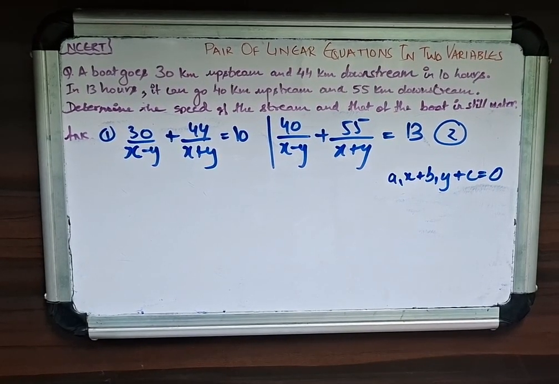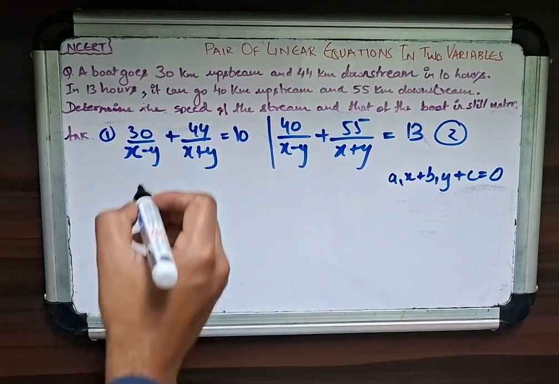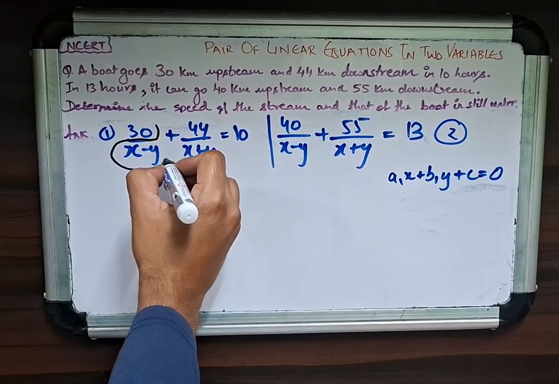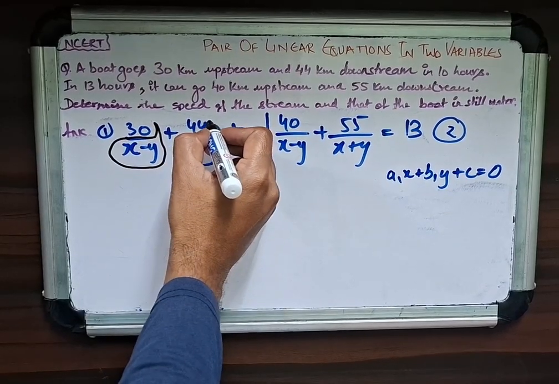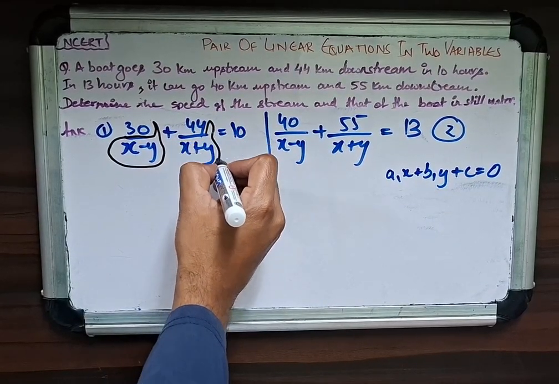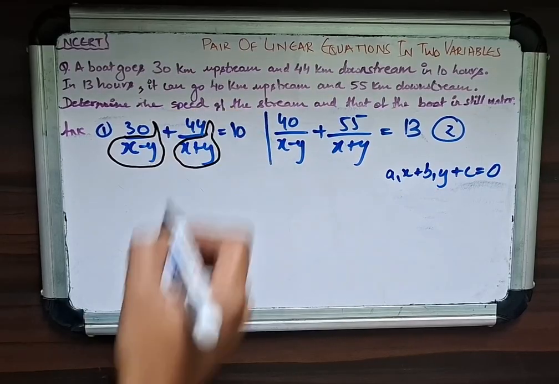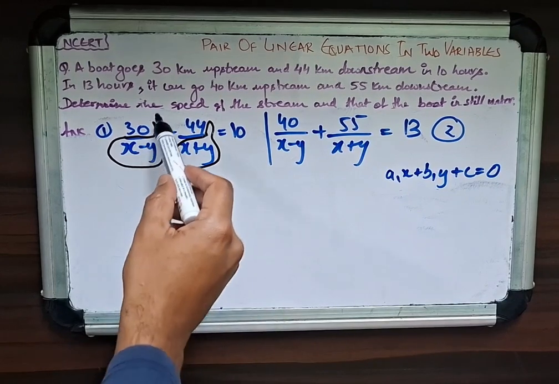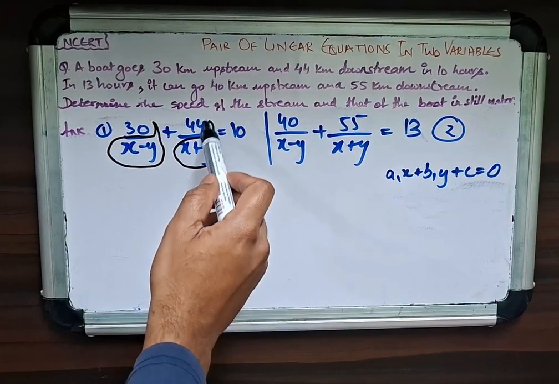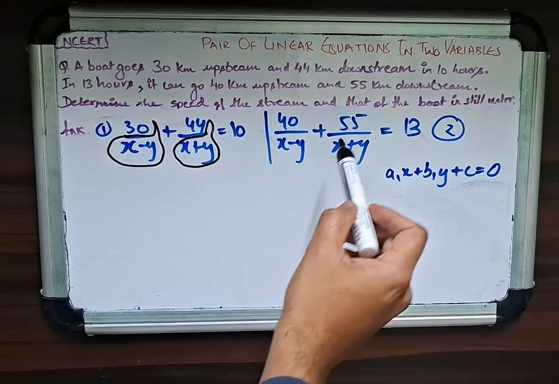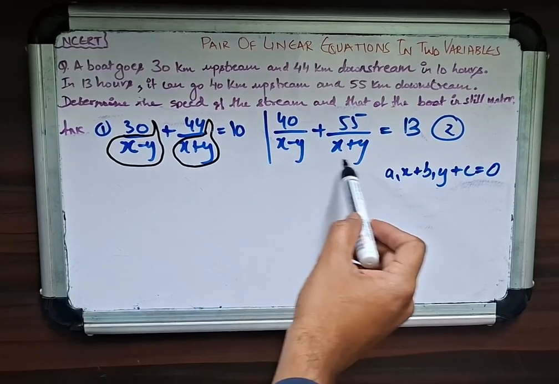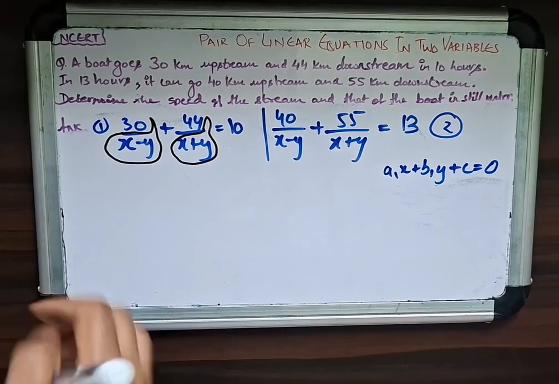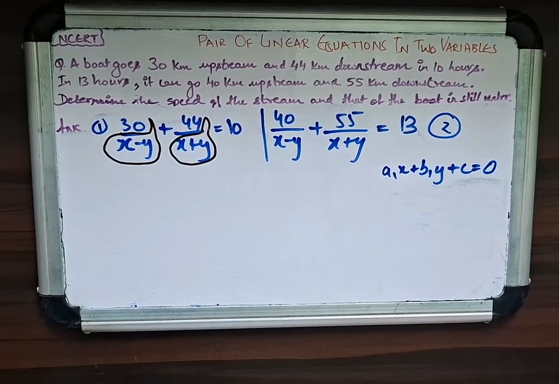So the substitution is, denote these two terms, 1 upon x minus y, 1 upon x plus y, with two new variables.